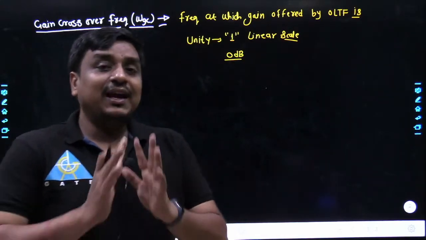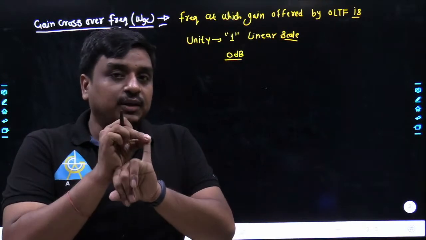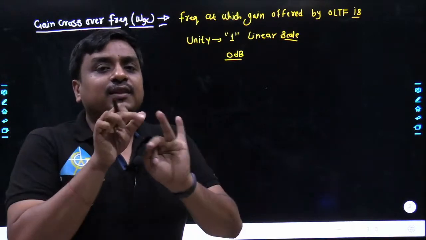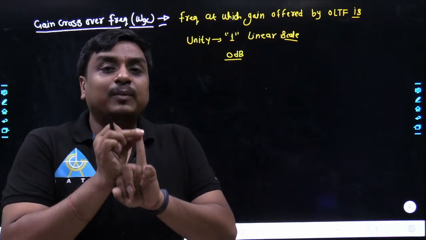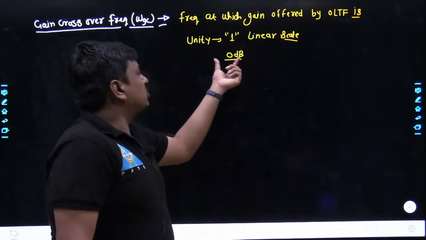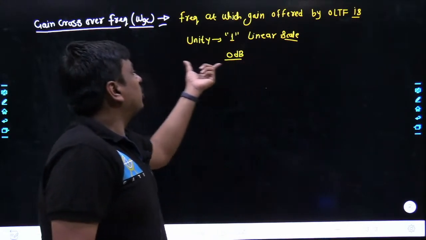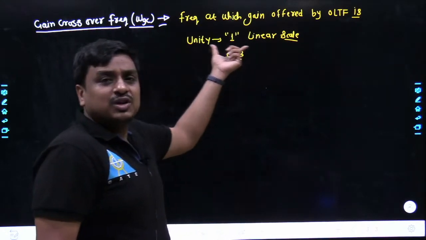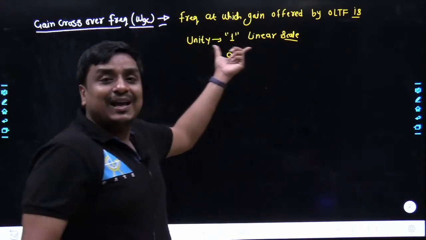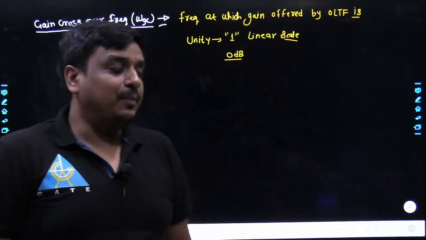The frequency at which the gain offered by the OLTF is unity, and similarly the gain offered by the OLTF is 0 dB. When would this concept be used? When I would be smashing the problem with the help of Bode magnitude plot, and similarly the other when I would be smashing the problem with the help of polar or the Nyquist plot. That is why the two different definitions have been taken.